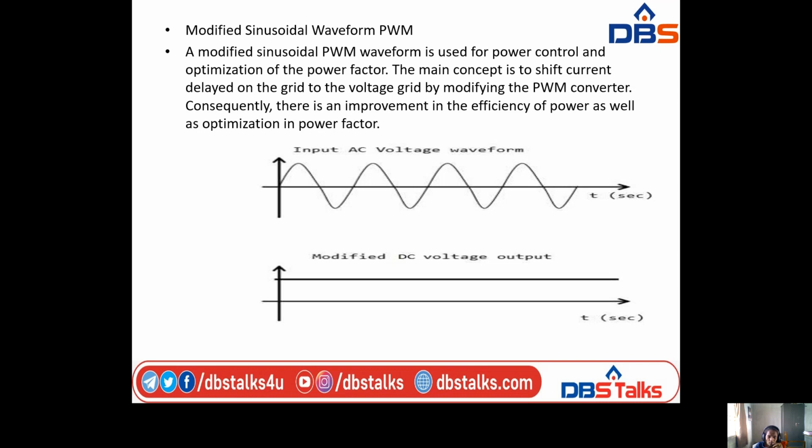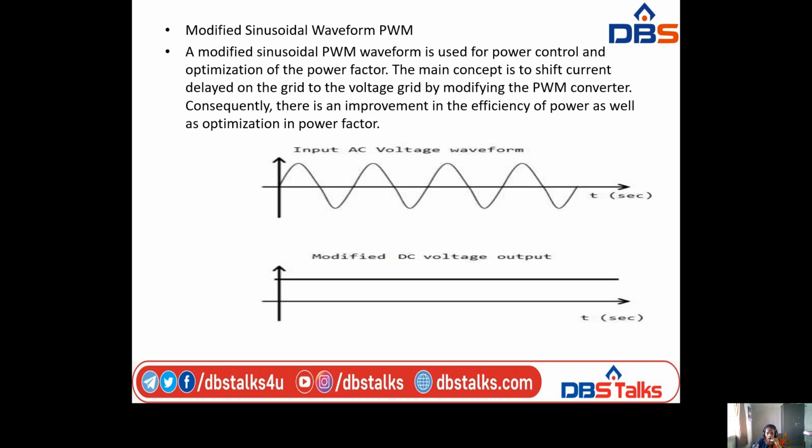Next, the modified sinusoidal waveform for PWM. A modified sinusoidal PWM waveform is used for power control and optimization of power factor. The main concept is to shift the delayed current on the grid to the grid voltage by a modified PWM converter.